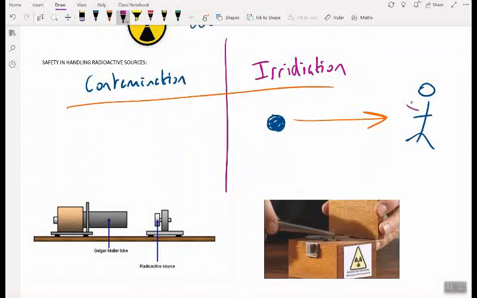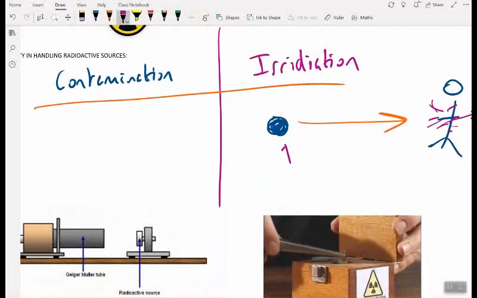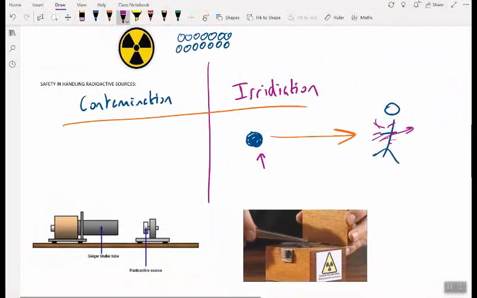That radiation has hit you, done some damage to you, gone into your cells, and then passed through you, or been absorbed into your skin. It depends on how much dosage you've been irradiated with, how much damage it would do. But that radiation could be absorbed or passed straight through you. That means that you haven't physically touched the radioactive source. You've just been exposed to the rays or the particles that have been given off.